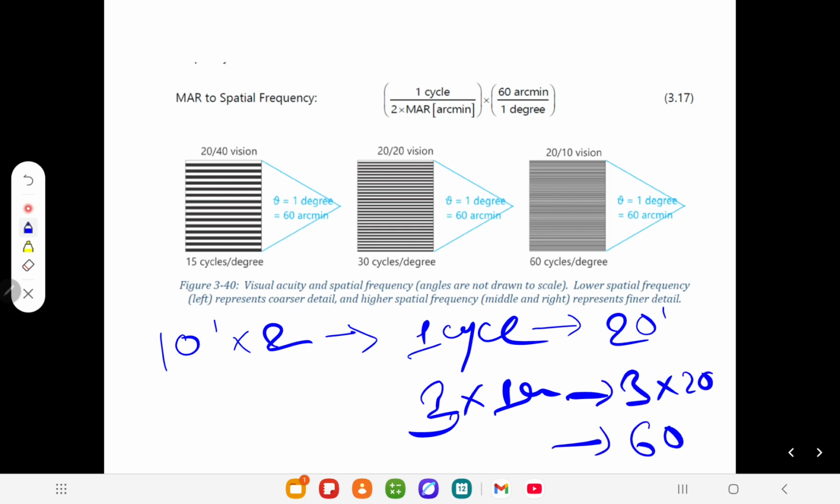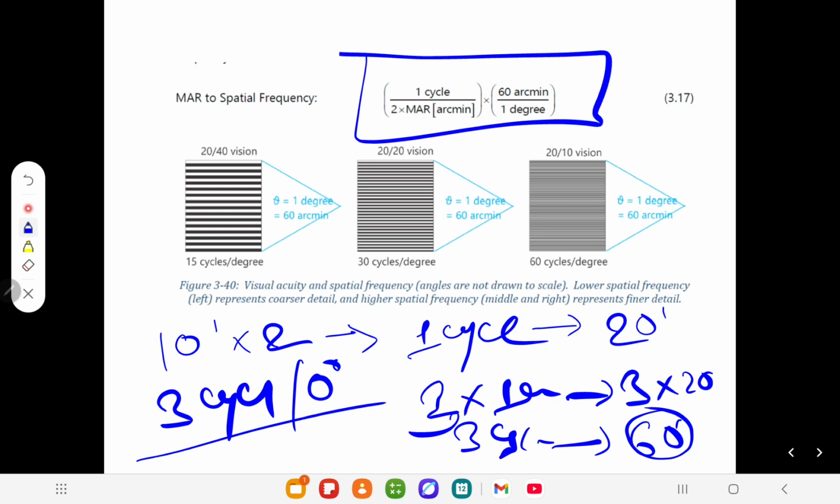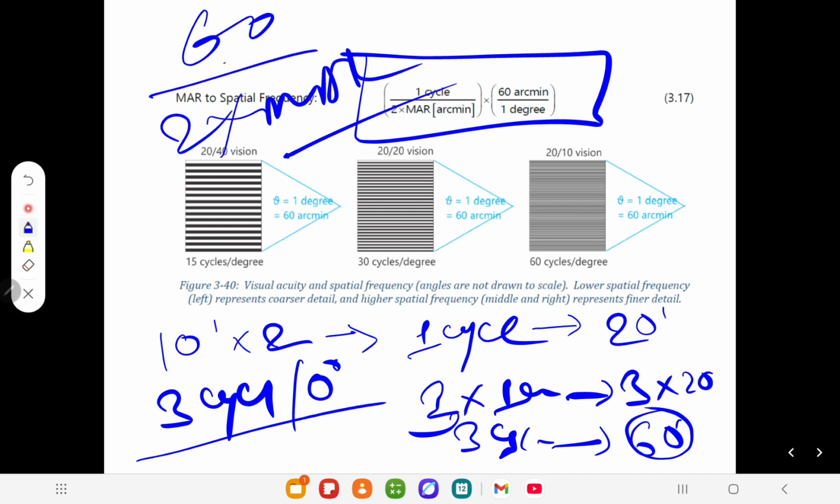So 3 cycles make 60 minutes, and 60 minutes means 1 degree. That's why it's 3 cycles per degree. That's the spatial frequency. Just remember the unitary method, that's easy. And if you want to solve by formula, just remember the formula: 60 divided by 2 into MAR. You know how to calculate MAR, just reverse the Snellen's fraction. It's simple.